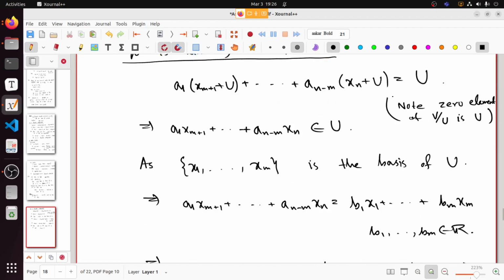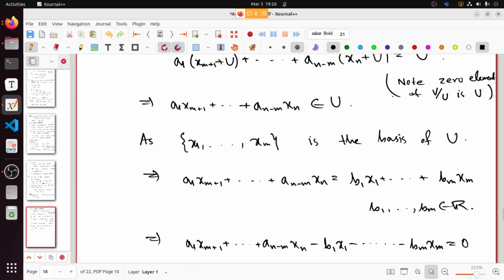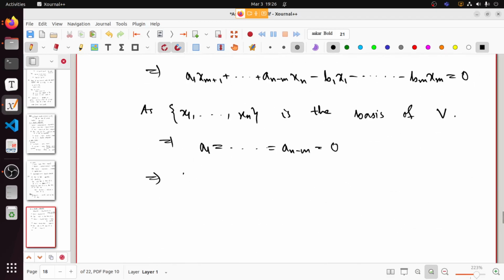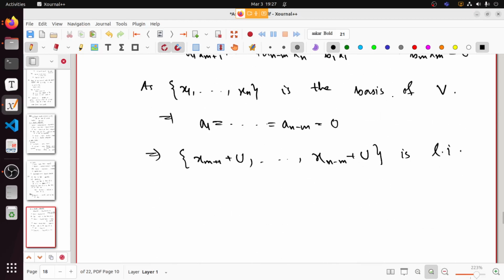So we get all the coefficients are 0, which implies that xm plus 1 plus U up to xn plus U is linearly independent, right? This set is linearly independent. Sorry, this is n.